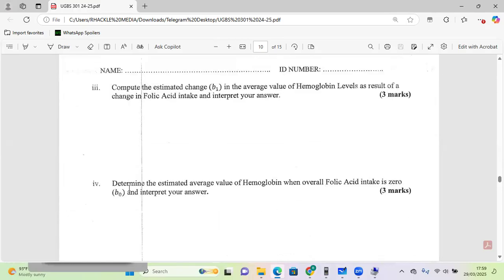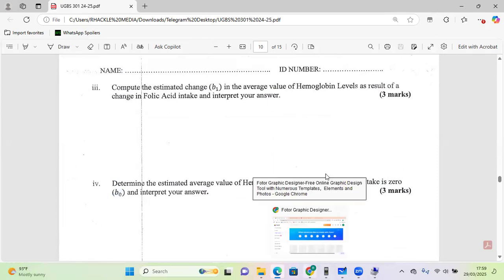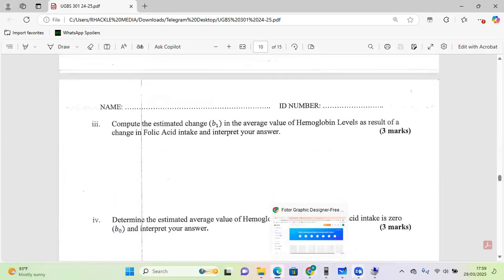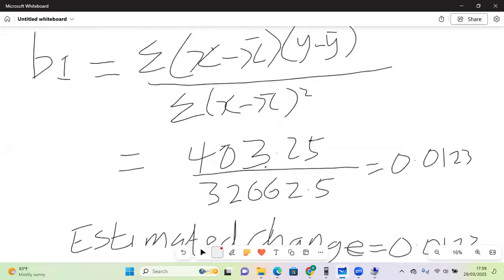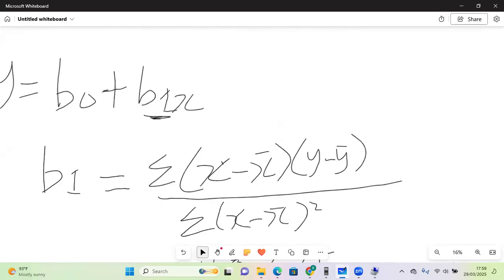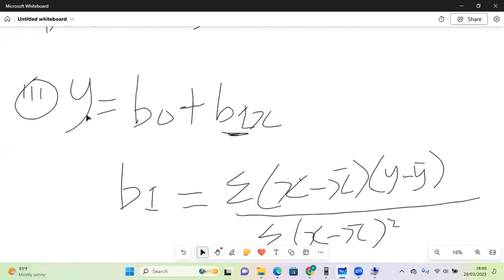Let's move on to also solving for B0, right? This thing looks like, in other terms, we can say that Y is the total cost and B0 is the fixed cost, and B1X is the total variable cost, where B1 is the variable cost per unit, B0 is the total fixed cost, and Y is the total cost.